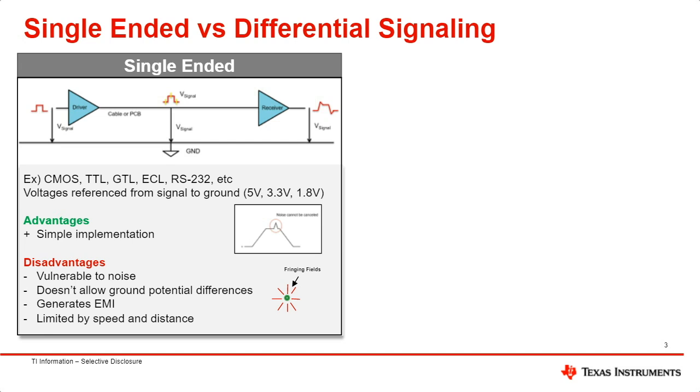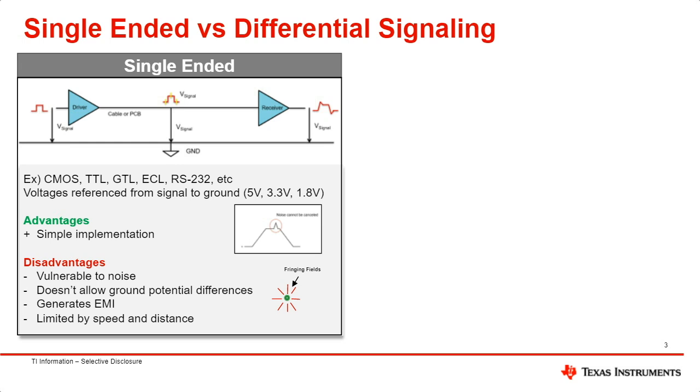And the last drawback is that it does generate a lot of EMI. Oftentimes, these signals are swinging from 0 up to standard logic voltages. So this could be 0 to 5 volt voltage swings, 3.3 or 1.8 volt. So it does generate a lot of EMI with these large voltage swings.